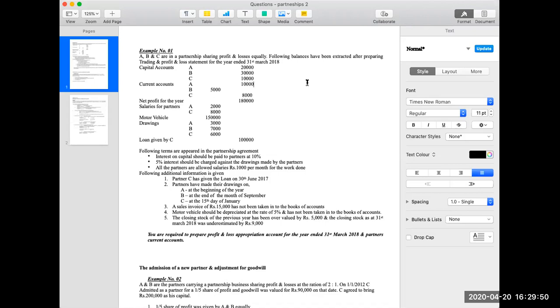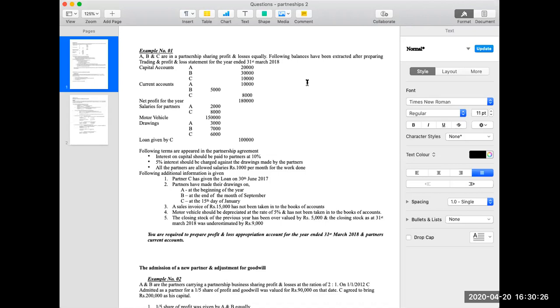First one is, it says a sales invoice of 15,000 has not been taken into the books of accounts, which means the accounting profit that they have calculated here is not correct. Therefore, we'll do a working. Go to the workings and write down the net profit for the year is 180,000, and then sales 15,000 has not been taken into account.